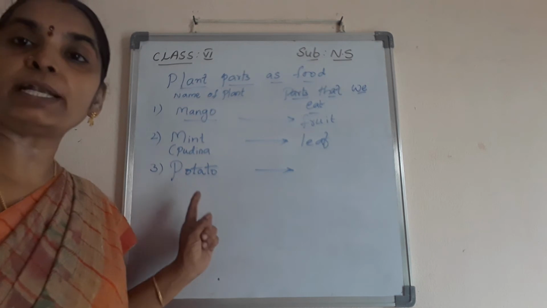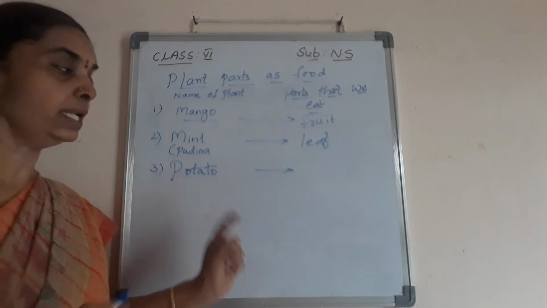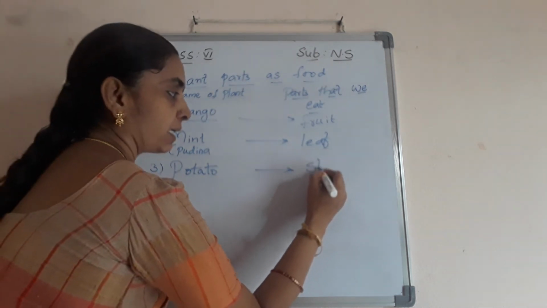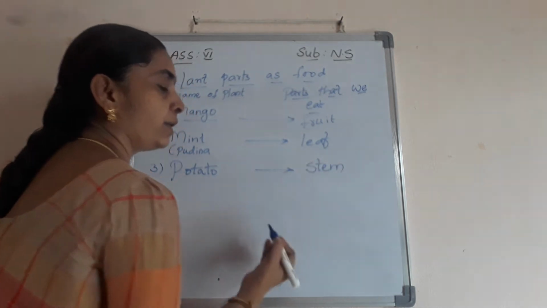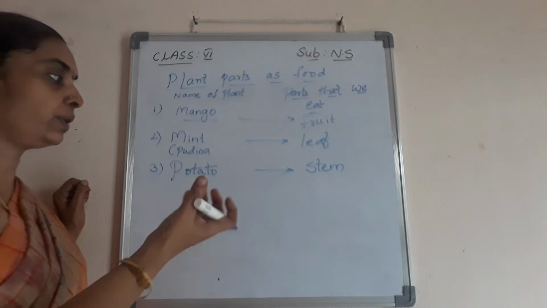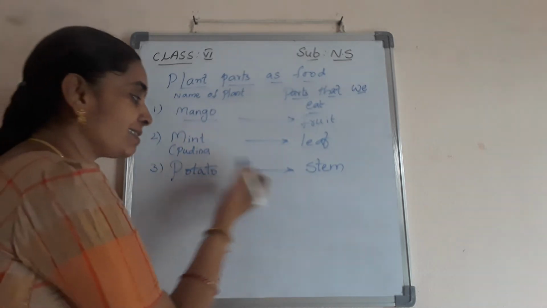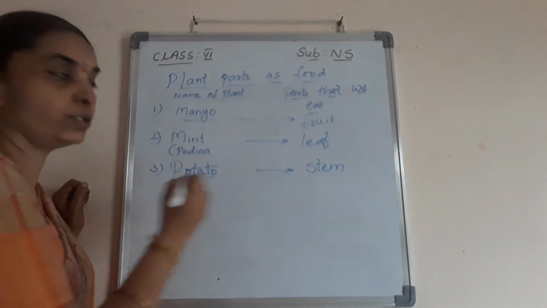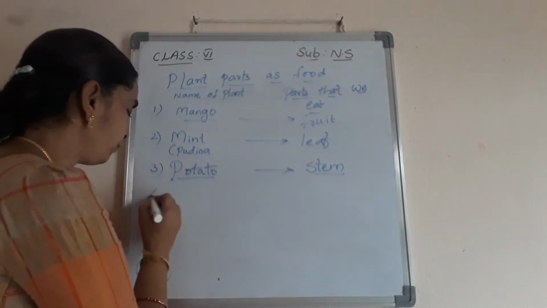Which part of the potato plant do you use as food, children? You use the stem part. When you keep potato in the ground, you get the potato, but that is the stem of the potato that you take as food.